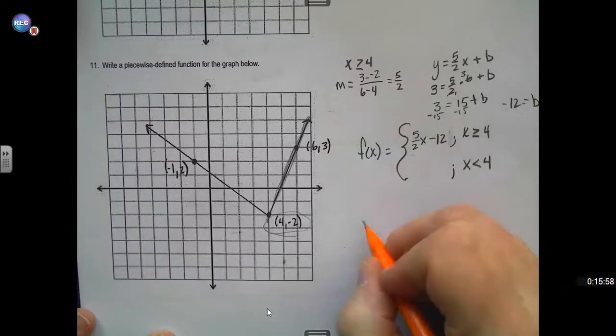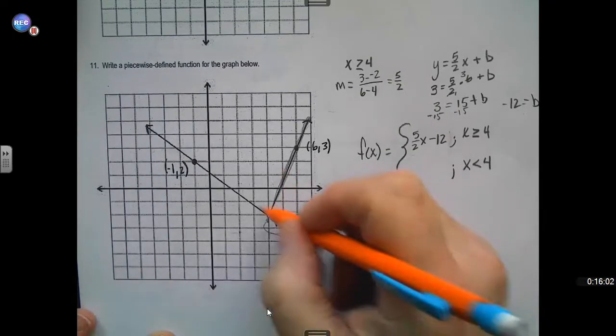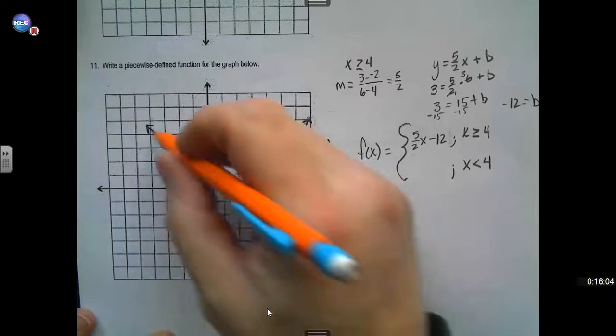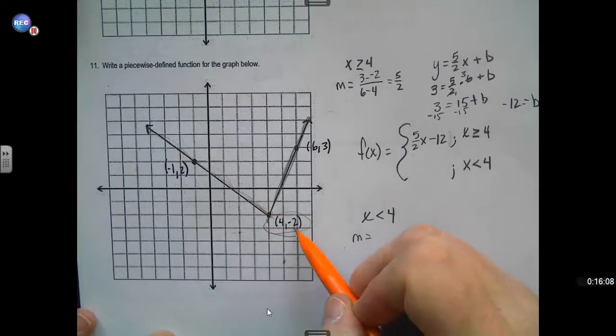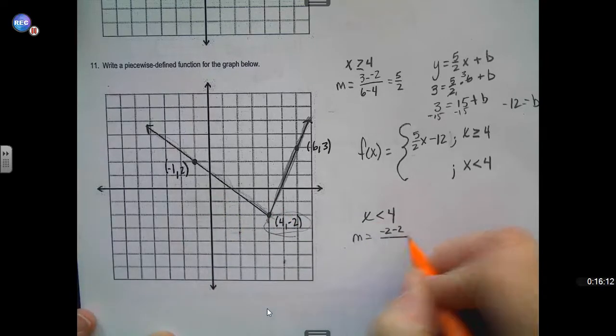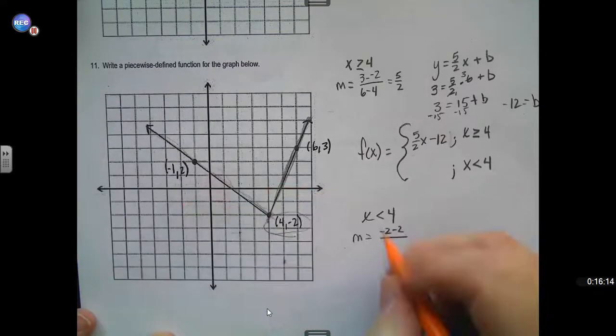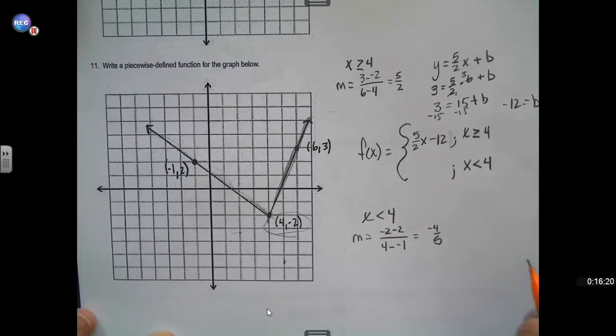Now, for the line that is x less than 4, that's this line over here, okay? The slope is negative 2 minus 2 over 4 minus negative 1, and I get negative 4/5 the slope.